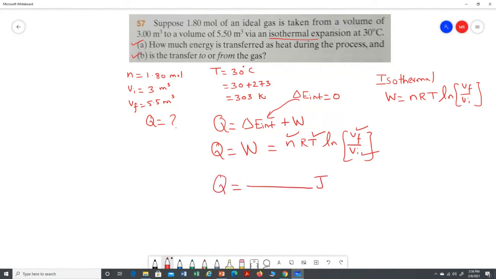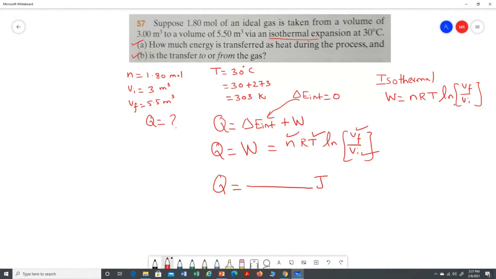Am I right? Okay, now what is the answer for the second question, my dear? It's a theory question. They are asking whether the heat is transferred to the gas or from the gas. How do you say this? My dear, when you solve the problem and substitute the value, you will get some number here.